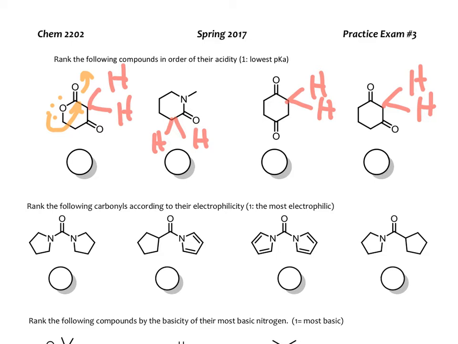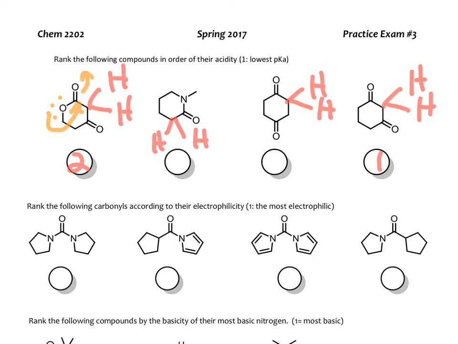That means it will stabilize the conjugate base less, and so the beta-keto ester is going to be less acidic than the diketone. So our diketone is our most acidic, and the beta-keto ester will be our next acidic.